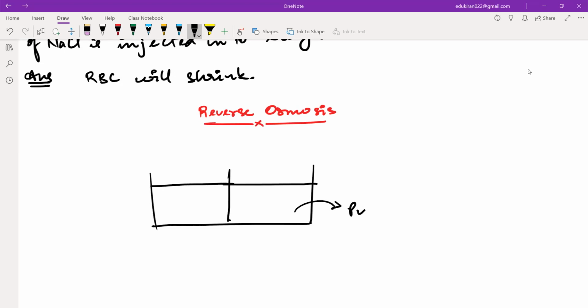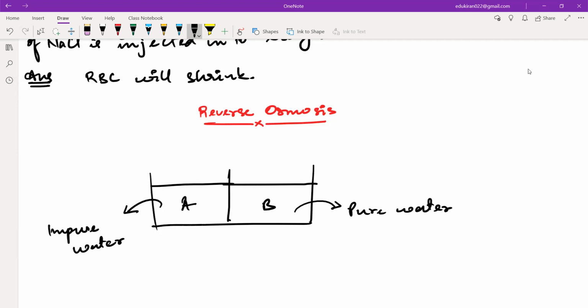Here we have pure water. Here we have impure water. Tell me, where will the concentration be higher, in A or B? Where will the concentration be higher? A or B? Arey, this is pure water.